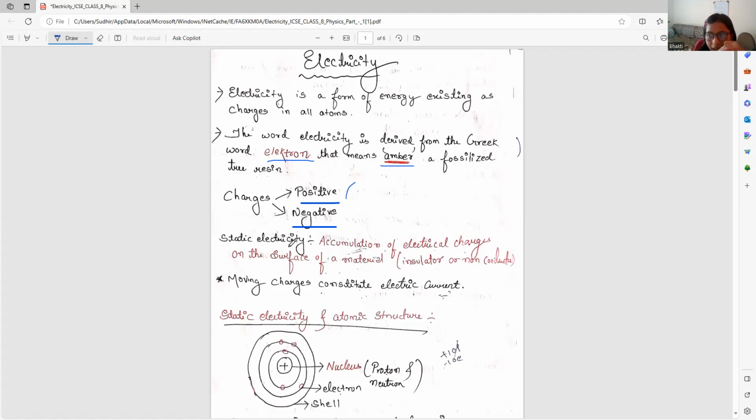For example, I'm having this pen and the electrons are on the surface, not inside. They are not valence electrons, which means they're not moving. So that is known as static electricity.